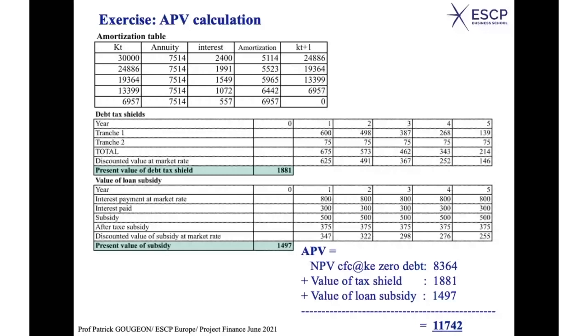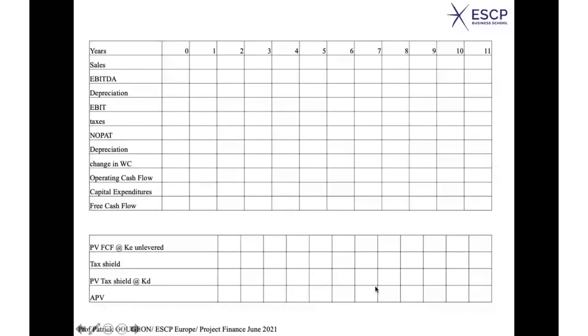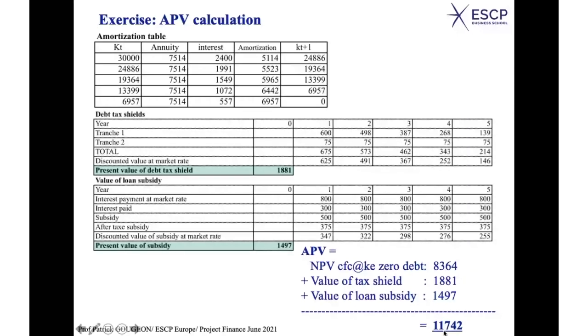Okay, and that's typically the case for the tax shield, but also for a loan subsidy. Probably you have seen that in corporate finance, how to treat a loan subsidy. It's typically what we do here, but here we integrate it in the APV and using a specific discount rate, which is the discount rate that would apply to the debt. Okay, so altogether we have an adjusted present value, which is 11,742.